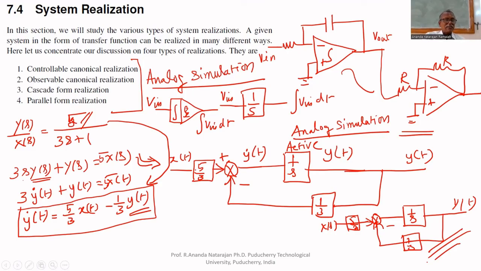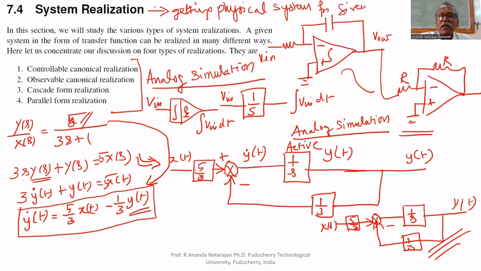This is called system realization. We know the transfer function, but how do we find a physical system for that? That is called system realization. System realization means getting a physical system for a given transfer function.